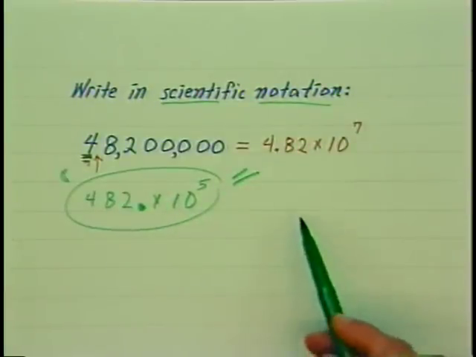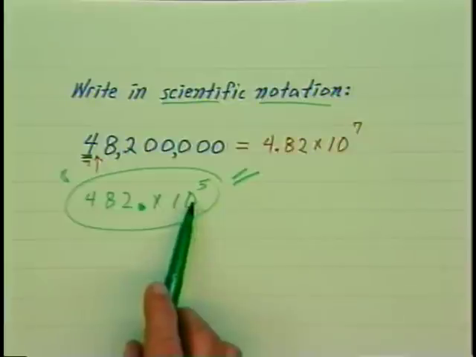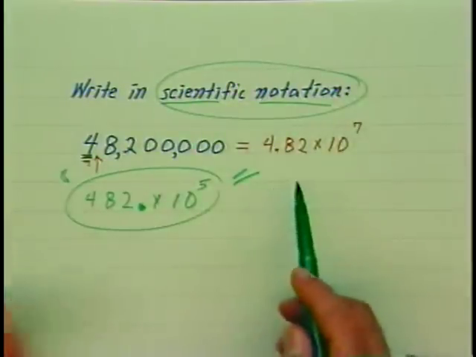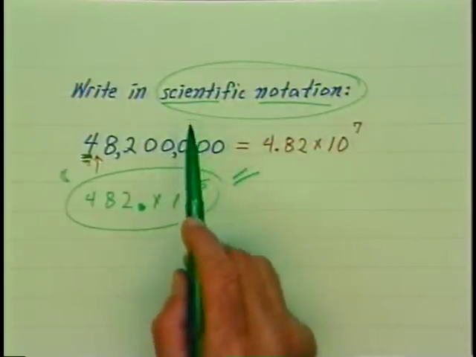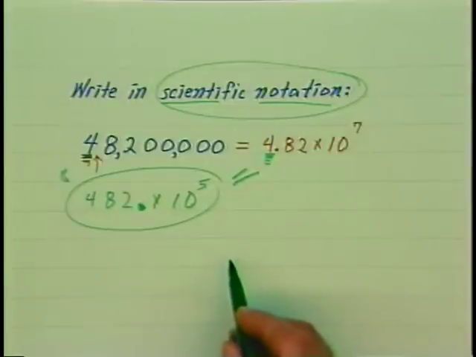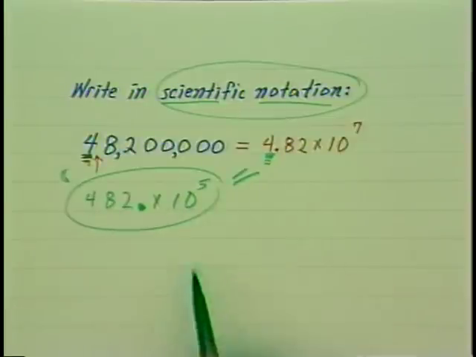But the point you need to realize is even though this is a correct way of saying it, we will not allow ourselves to call it scientific notation. To be called scientific notation, we insist that the decimal point be behind the first non-zero digit. This we'll just call in general terms a power of 10.